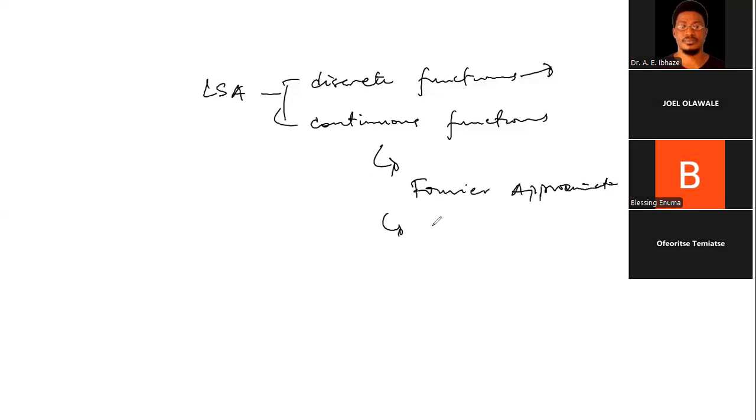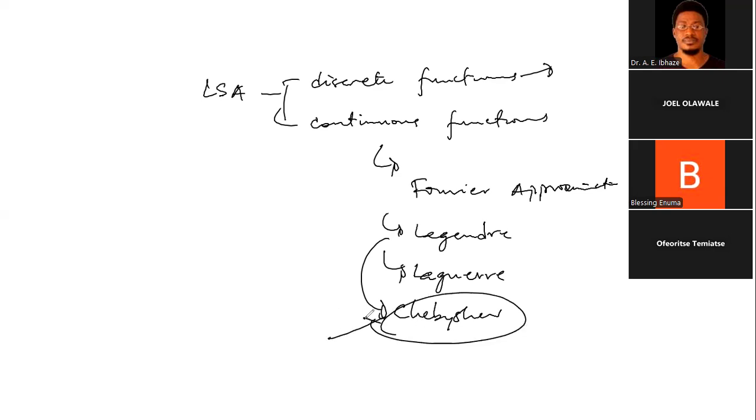We also have techniques like the Legendre, then we also have the Laguerre technique. And there are some texts that literally place the Chebyshev technique here, but we want to try as much as we can to separate the Chebyshev technique from the least square technique.